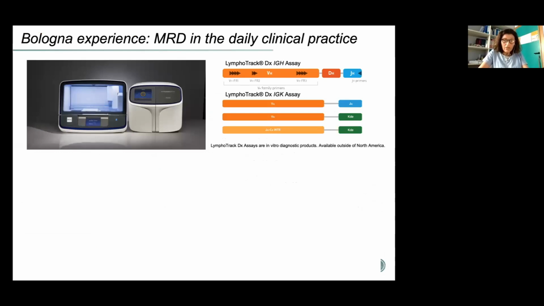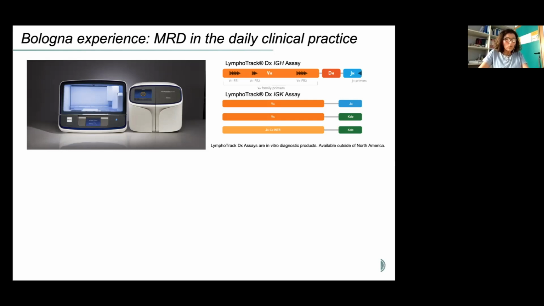In real life, the implementation of MRD in the daily management of myeloma patients mainly relies on the propensity of any given institution toward the translation of clinical knowledge into clinical practice, as well as on the affordability of this translation.